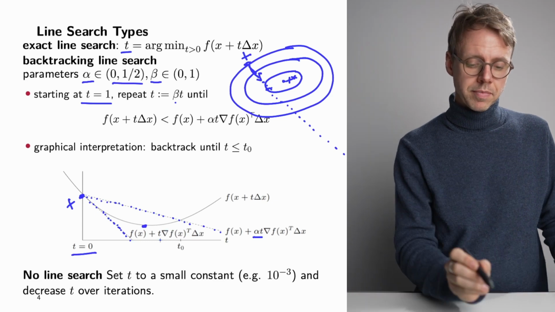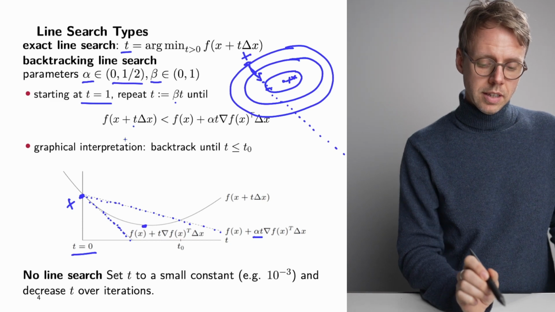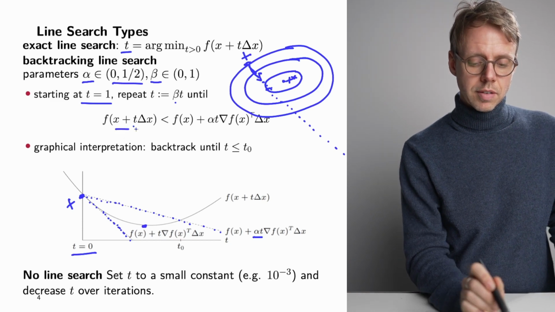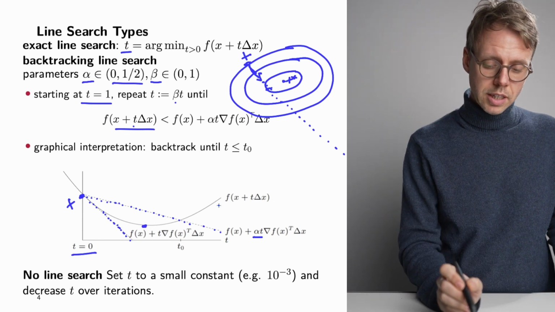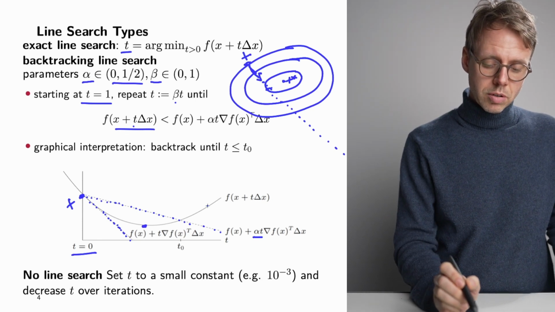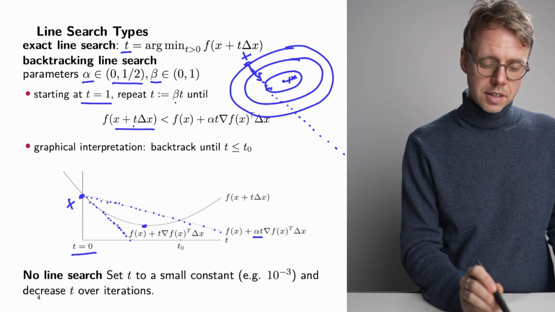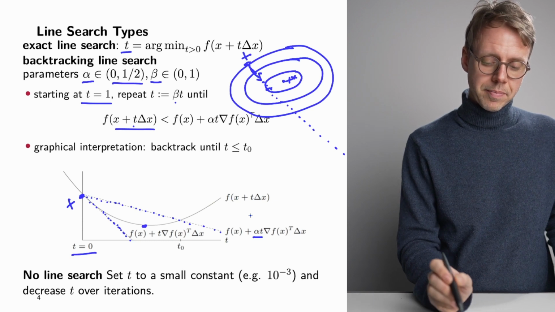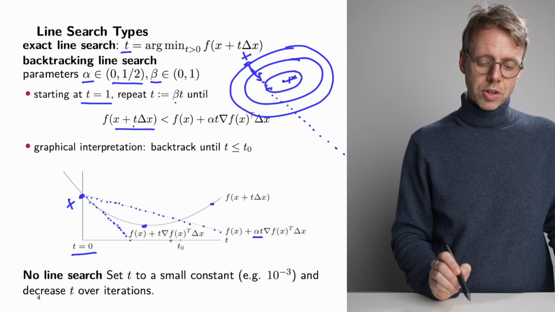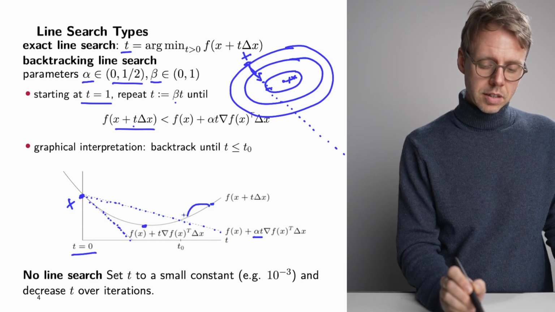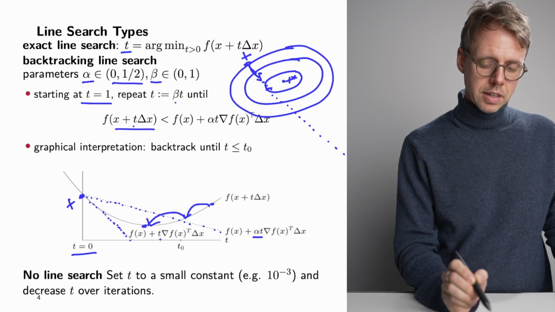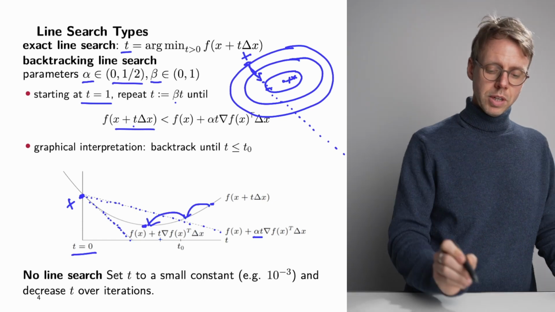So you pick a t, you evaluate f with your current descent given that new t, and you look whether it is under this line here. Here you would have overshot, you would backtrack, again overshot, you would backtrack again, and hopefully be somewhere here in this region.